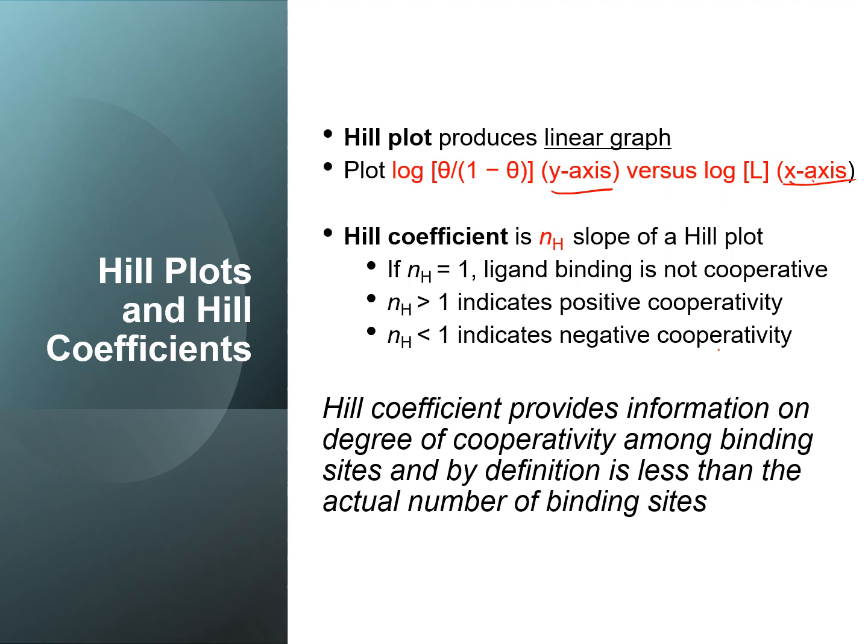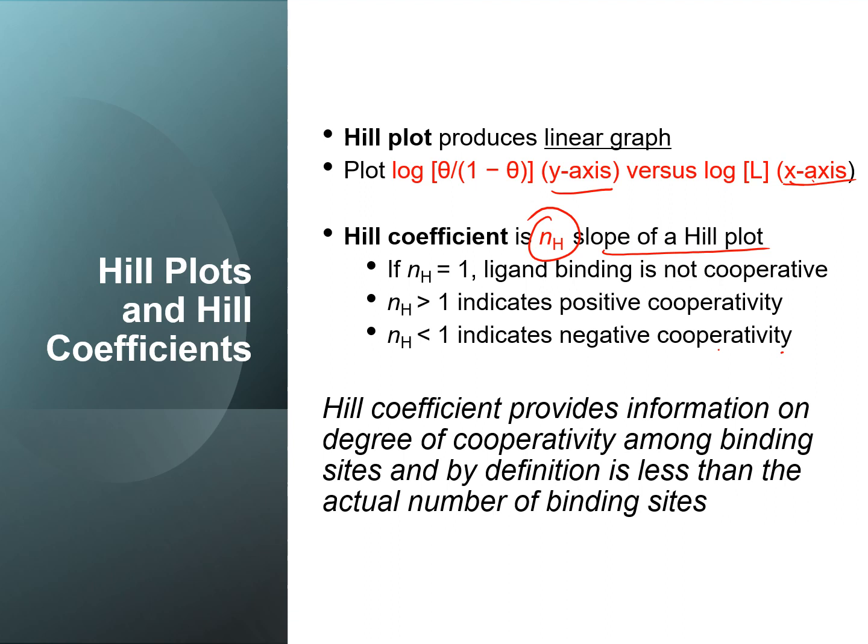Now, the Hill coefficient is referred to as NH, and it is, as noted, the slope of our Hill plot. If NH equals 1, ligand binding is not cooperative. Basically, the binding of a ligand has no effect on the affinity of other sites.